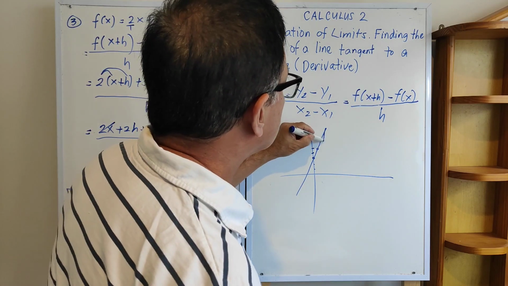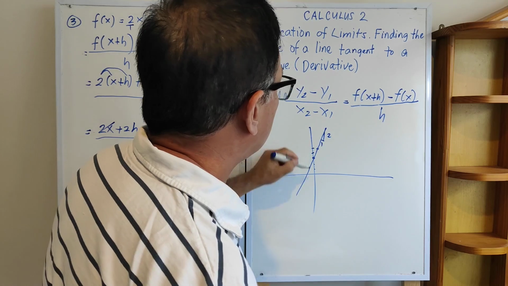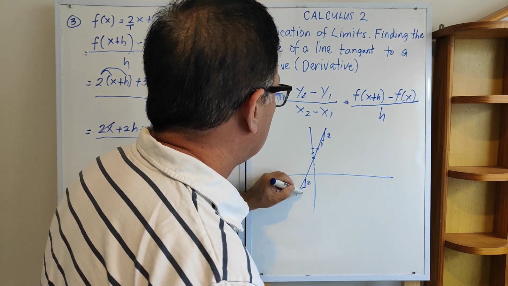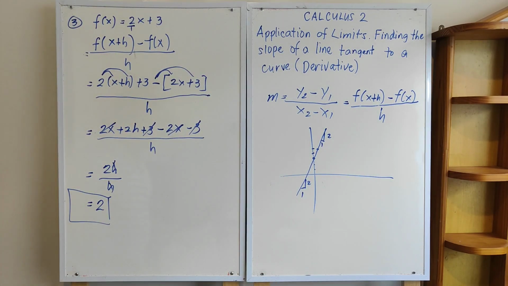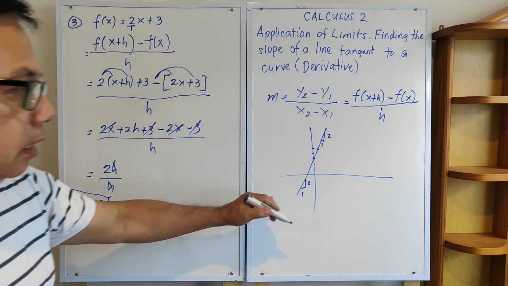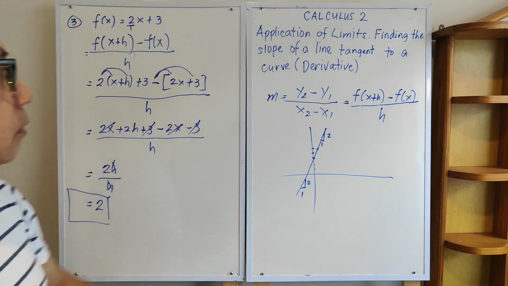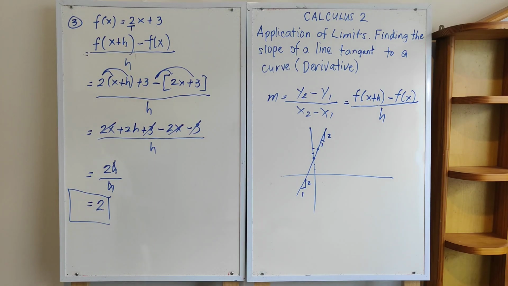It means that your slope will always be 2 regardless of where you get the point. It will always be 2 because it's a line. The slope will be the same all throughout, but we were able to get the slope using the difference quotient.